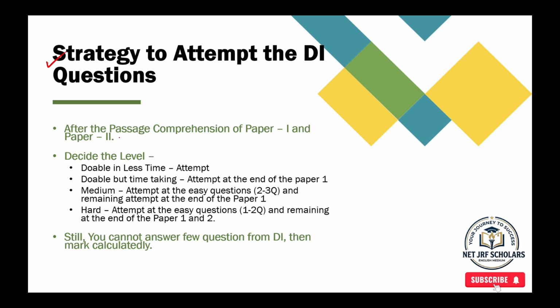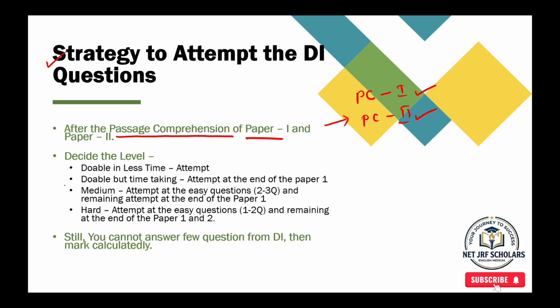So now we'll look at the strategy to attempt the DI questions. You need to attempt the DI after the passage comprehension. As I mentioned in the earlier video, after looking at the question paper, from the very beginning you need to start attempting the passage comprehension in paper 1 and passage comprehension in paper 2. Once completing the passage comprehension, you have to come to the DI, data interpretation, in paper 1.